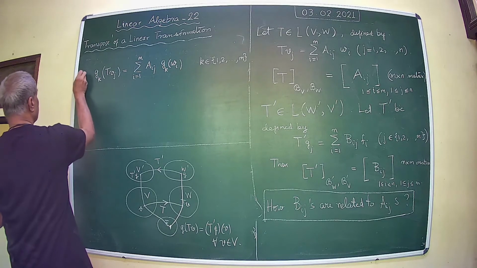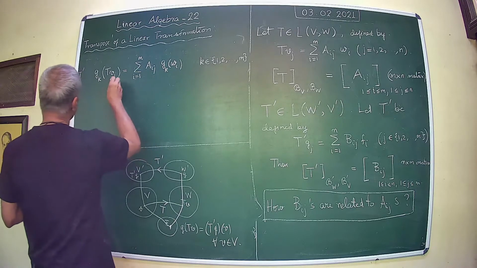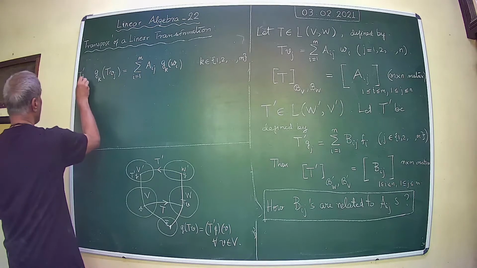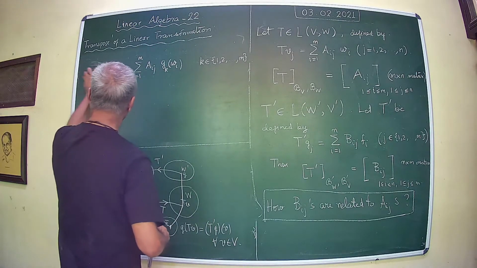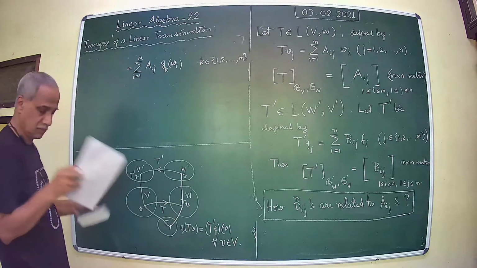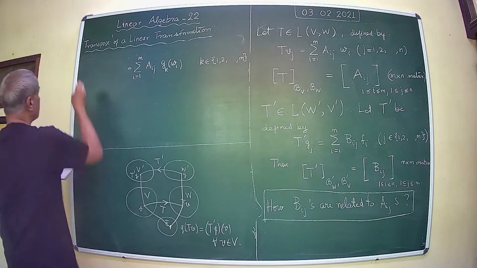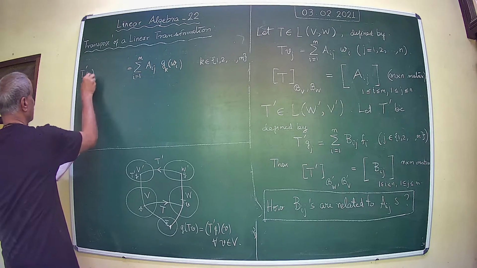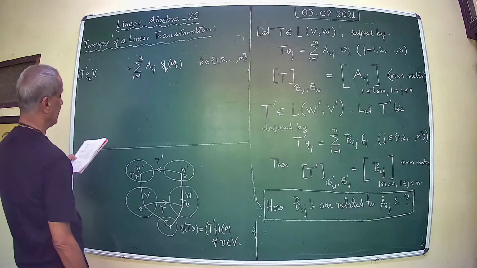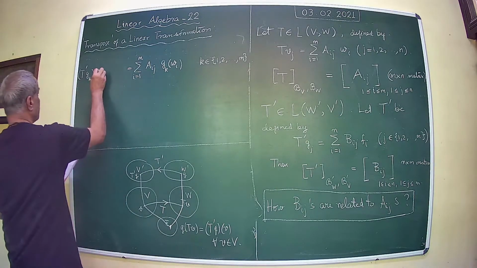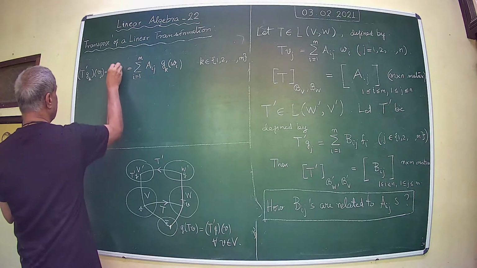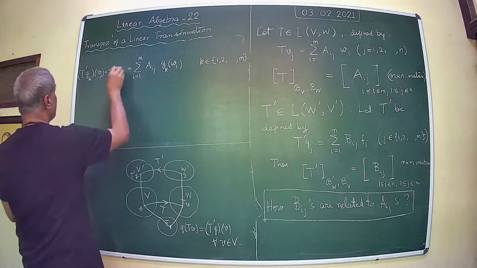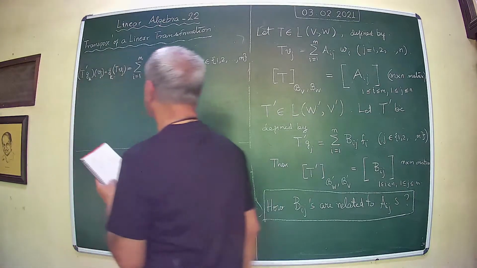So let me write here T prime of GK. This is equal to GK of T, and this is given by this.